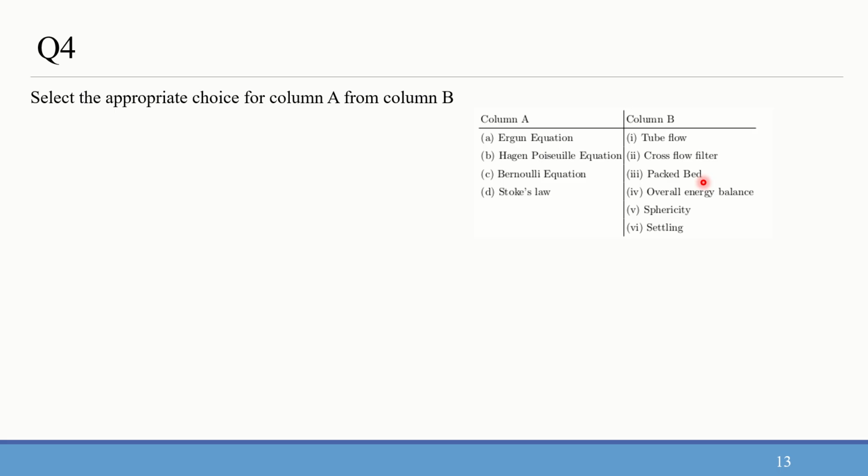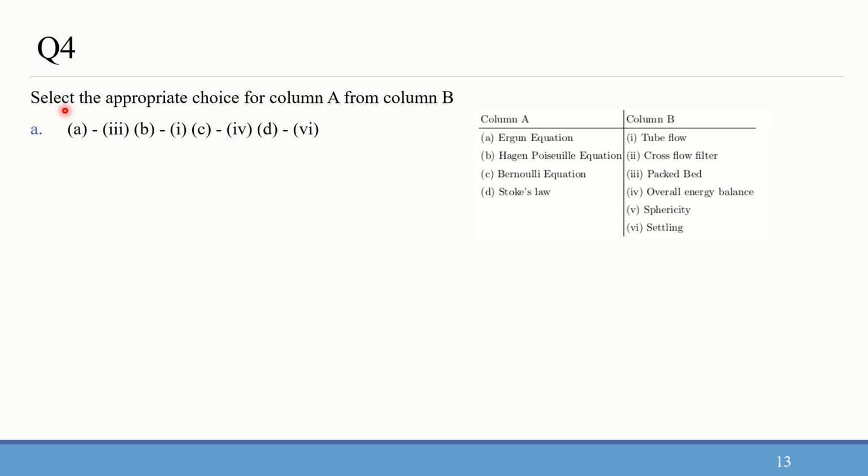In Stokes law we use it for settling in the low Reynolds number region, the settling study. So we'll see the options and we will finalize the answer.